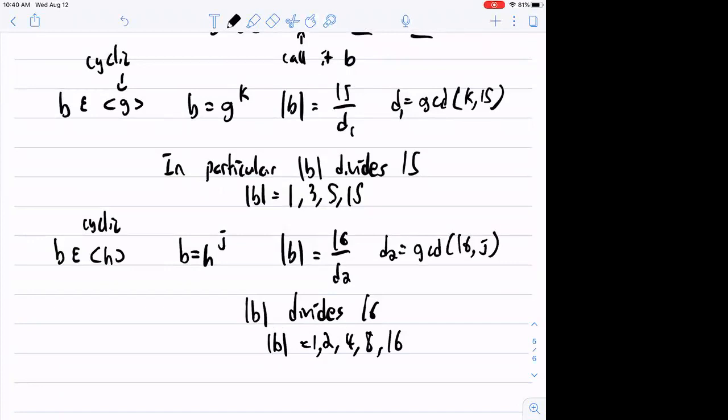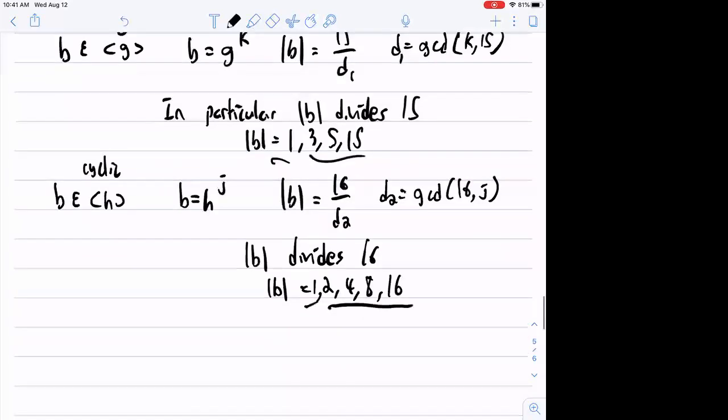So what's the order of B, everyone? 1. You have no choice, because none of these overlap; the only overlap is 1. And what element has order 1?